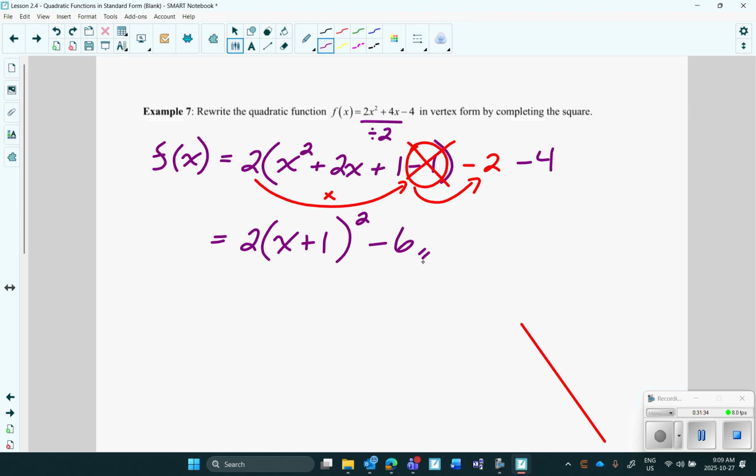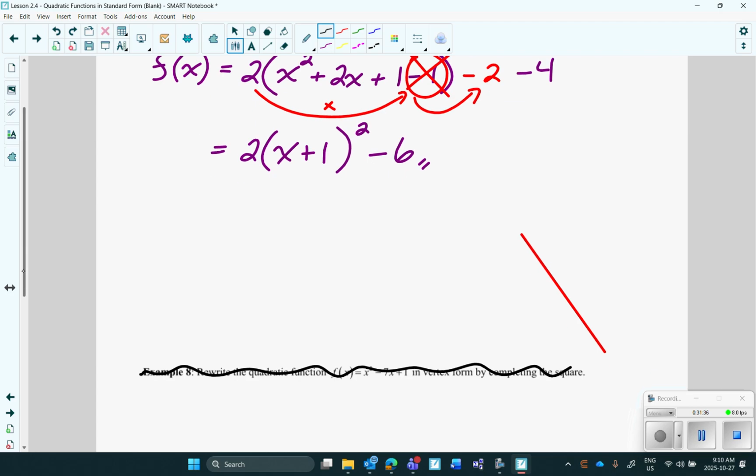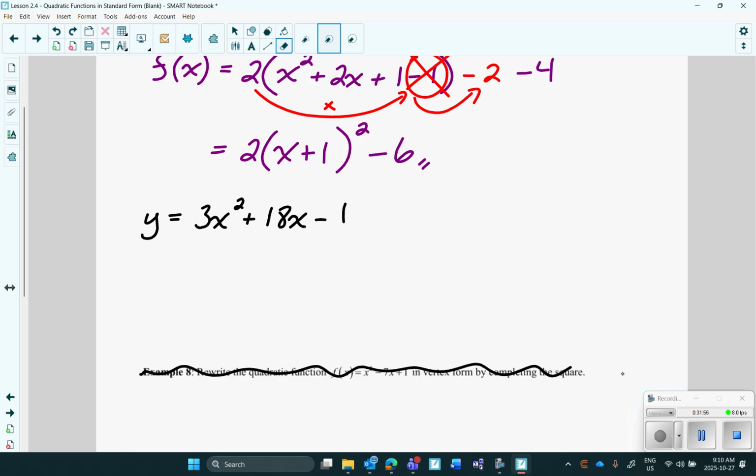Don't close it yet, because I do want you to try one. Try that one. Just as an additional practice. Never hurts to practice. What do I need to factor out? 3 of the first 2.